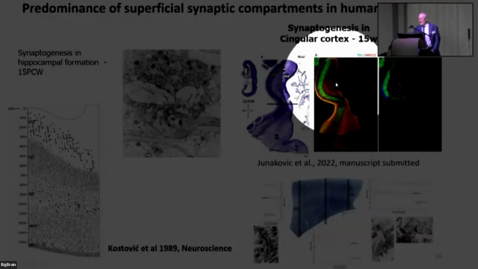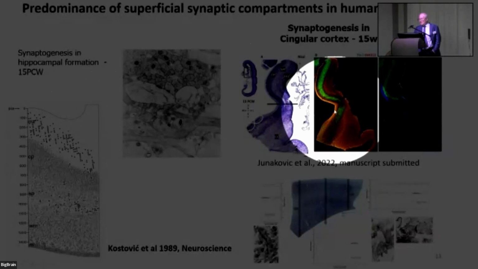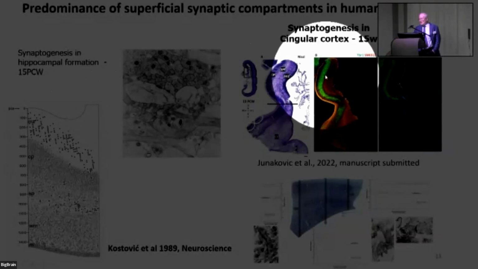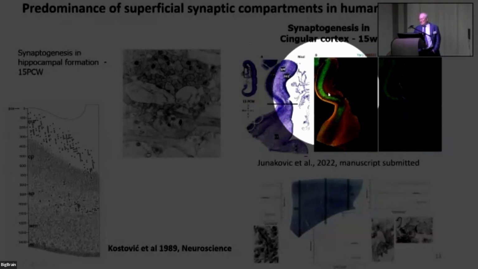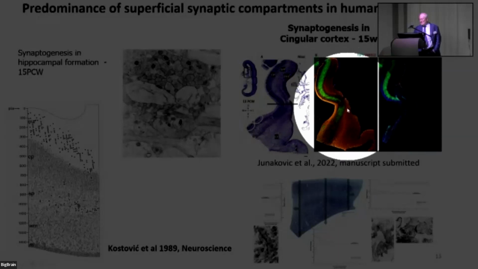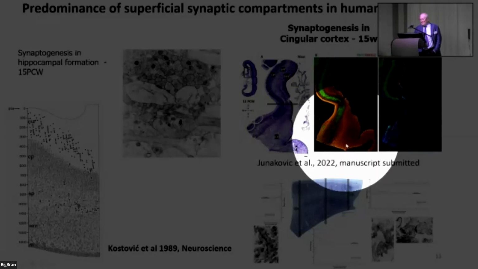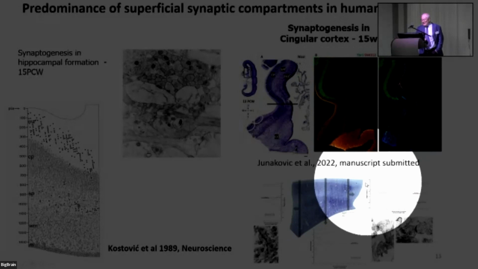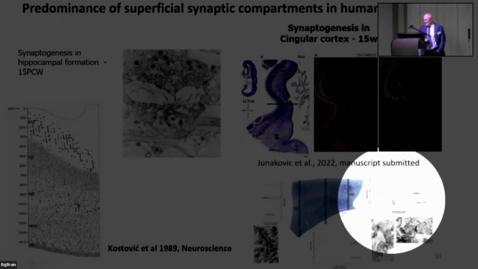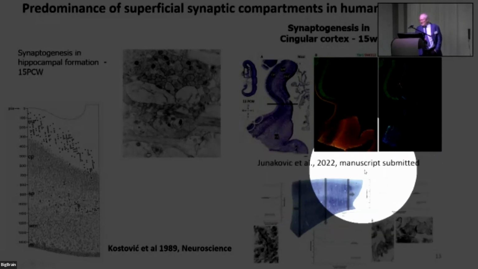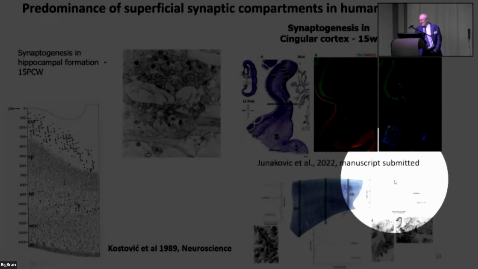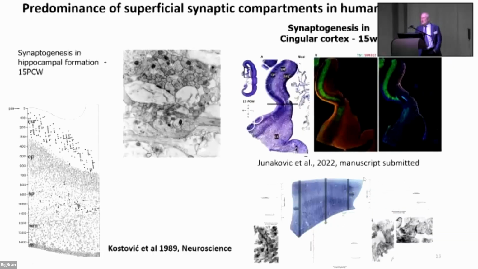Here, the same thing is in cingulate cortex, which you see here are also markers of deep projection neurons. That's a limbus, the end of hemisphere. And here I counted synapses, and you see that the majority of synapses, that's the graph, are in superficial compartment called marginal zone.